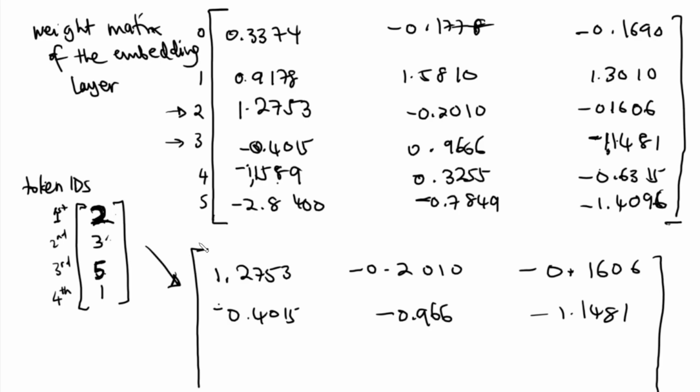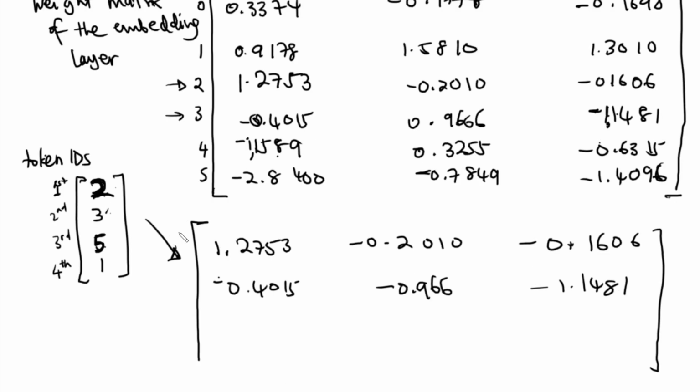In our resulting one, the first position got the second index. The second position got the third index. The third position is going to get the fifth index, which is this one here, minus 0.2840, minus 0.7849. I know I said an extra zero, but it doesn't really matter, and I think it was actually a mistake when I was writing it.